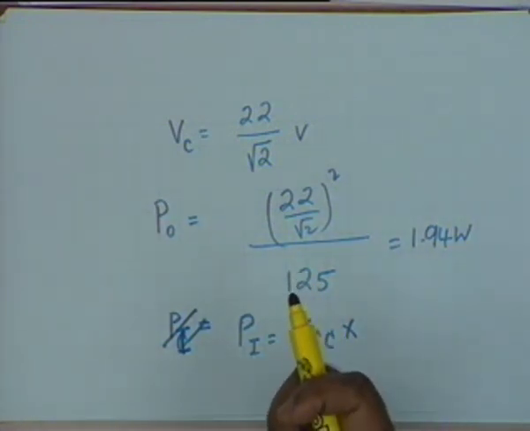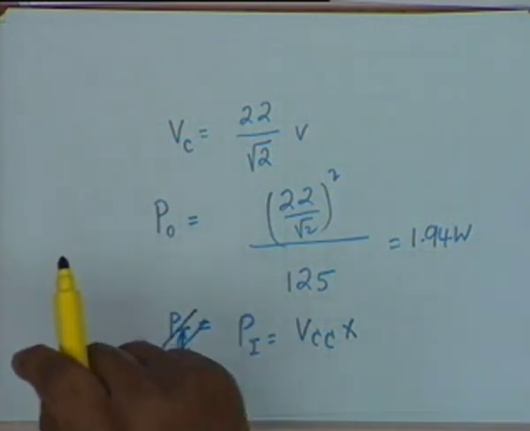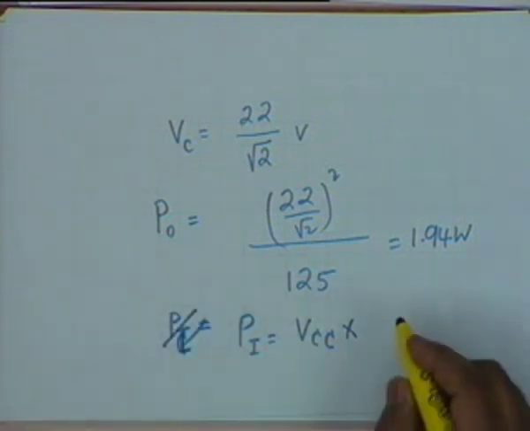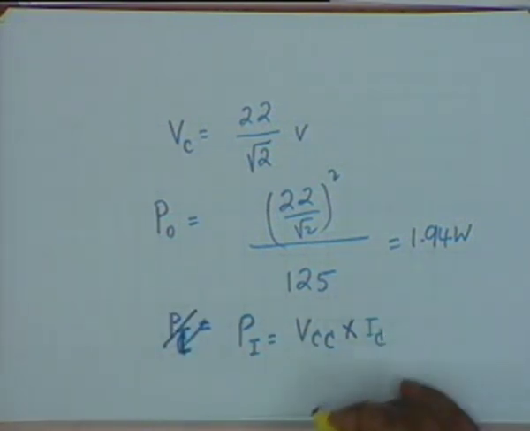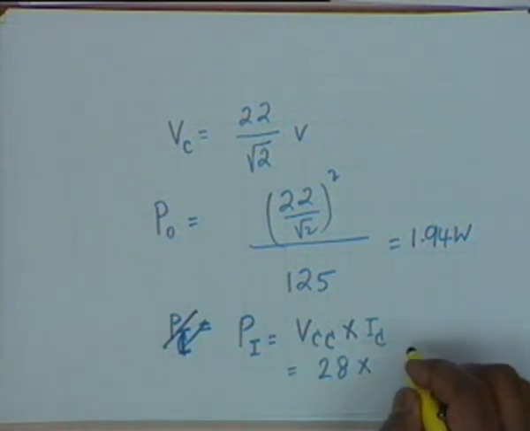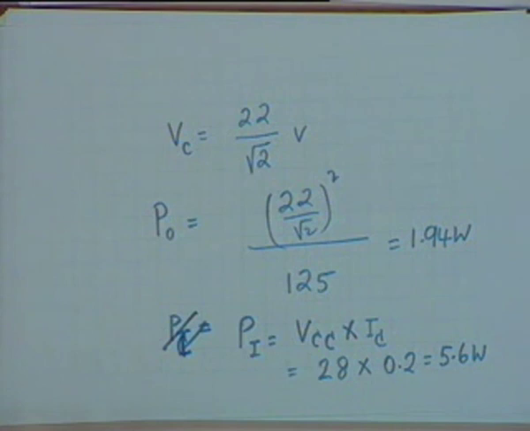Well, from the battery is drawn a current for the collector circuit and also for the base circuit, but the base circuit current is much smaller compared to the collector, and therefore is simply multiplied by I sub C, which will be equal to 28 multiplied by what is I sub C? 0.2. This is equal to 5.6 watt. Agreed?